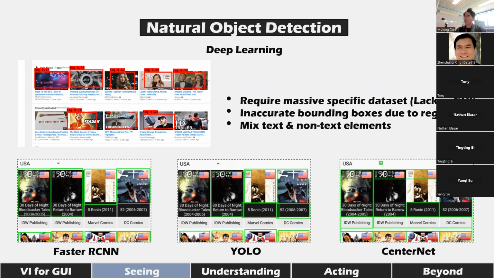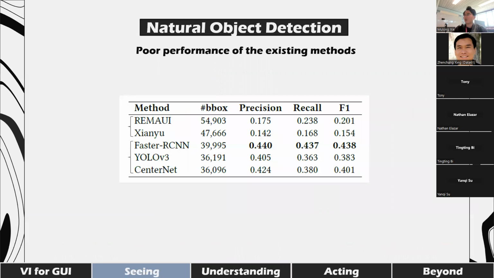But such a large data set is especially lacking in the GUI research field, and it also produces some inaccurate bounding boxes due to its regression rationale, right? And it would mix the text and the non-text elements together, which hurts the final detection result. So here you can see an experimental result of ours, which shows all of those existing approaches based on old-fashioned or deep learning models are performing really poorly.